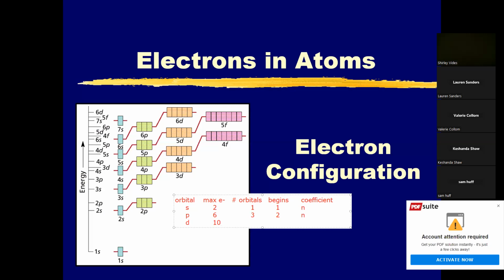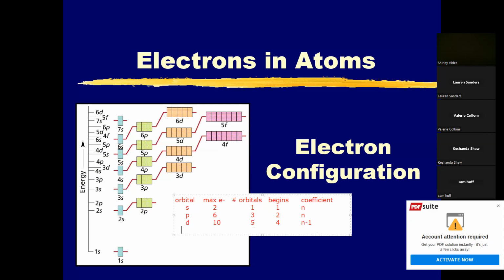The orbitals, there's 5. It begins in period 3, but the coefficient actually begins in period 4. And there's where we're getting confused. The N minus 1 is the coefficient. So you'll see what we're talking about in a minute.